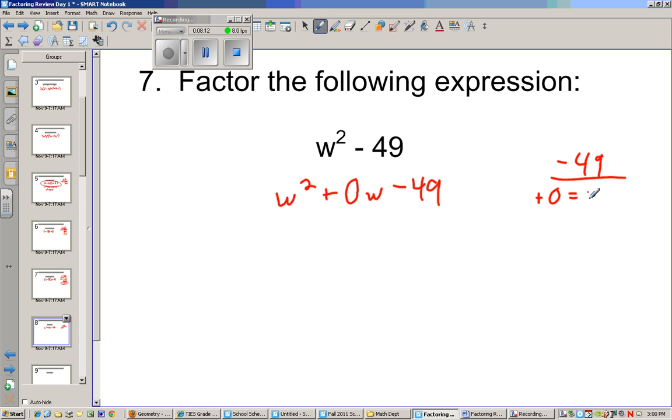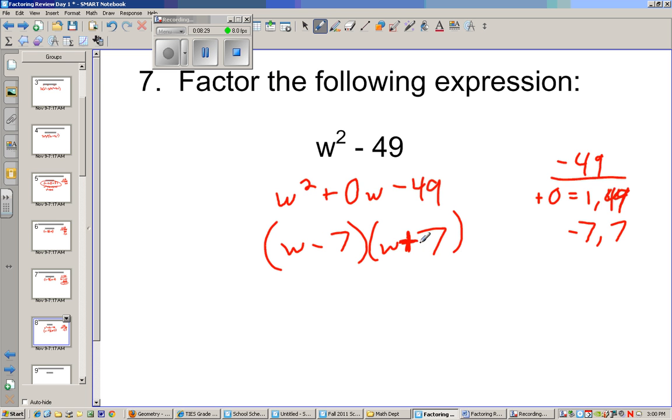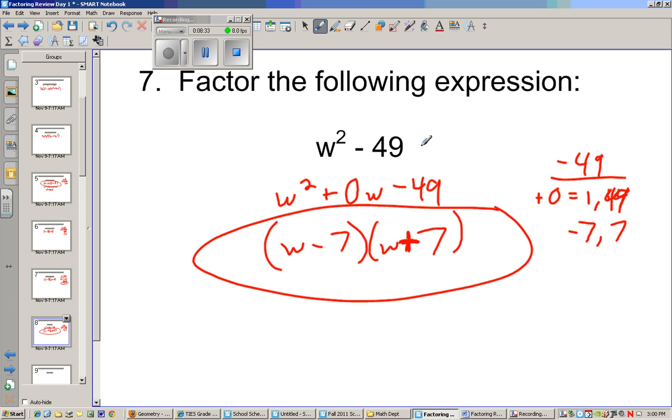So for 49, we have 1 and 49, which of course can't add or subtract to 0. But 7 and 7 can, if one is positive and one is negative. So we have w minus 7 and w plus 7. Looks a little weird. All right, so this is our factor.